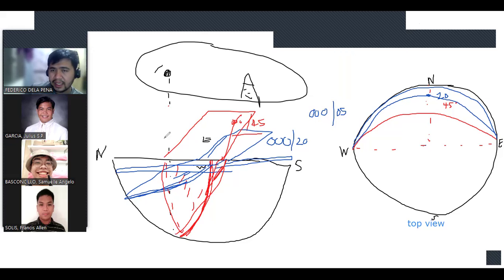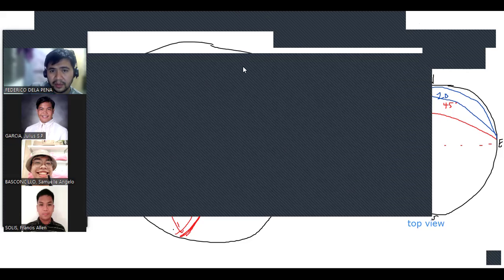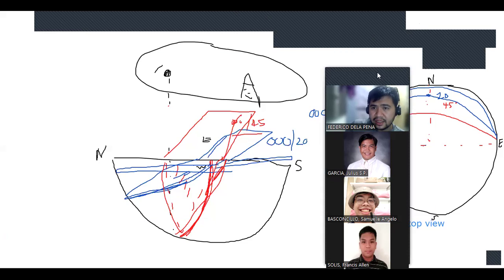A pole plot is basically, imagine if this is your plane. Anyway, let's just use this other space.